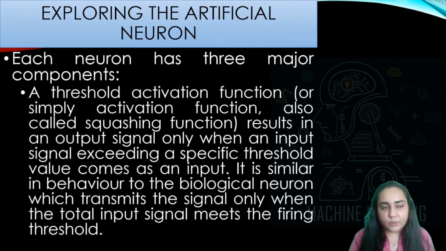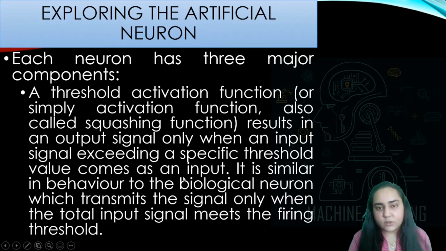Now let's talk about the third component, which is a threshold activation function, or sometimes simply called the activation function, also called the squashing function, which would result in an output signal only when an input signal exceeding a specific threshold value comes in as an input.